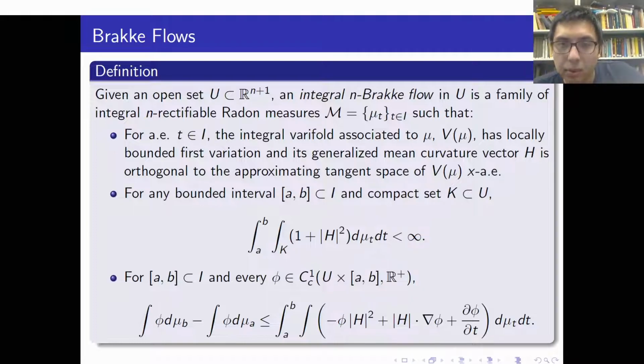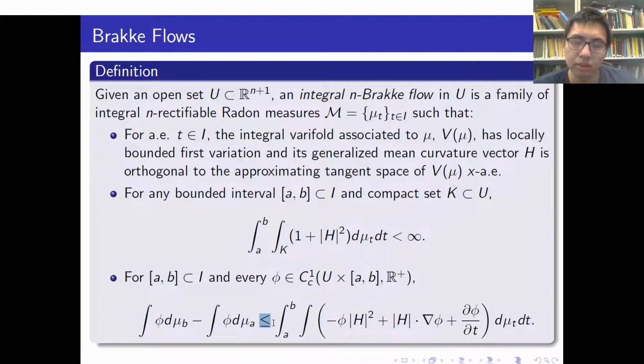And some other assumptions, for example, you need the mean curvature to be locally L2, and then the last bullet point captures the mean curvature flow equation. Note importantly that you actually have an inequality here in the definition, because you can show that this family is a smooth mean curvature flow if and only if the equality holds.